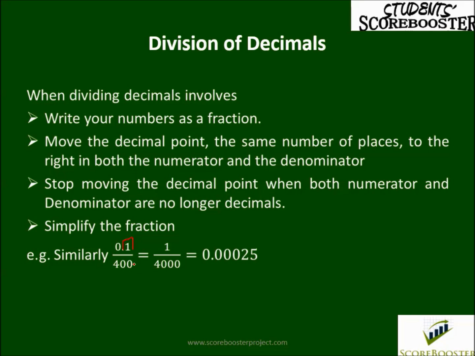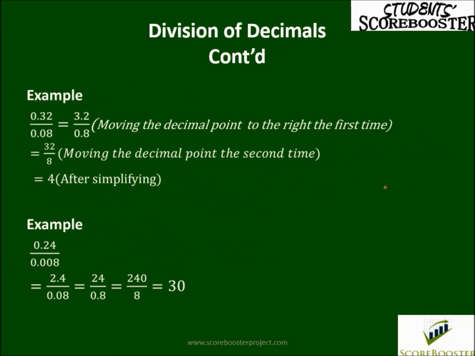That means here is 400.0, so if you move the decimal point by one place, you have 4,000. So you have 1.0 divided by 4,000. So 1 divided by 4,000 is 0.00025. You can confirm with your calculator. So let's have an example to make it clear.